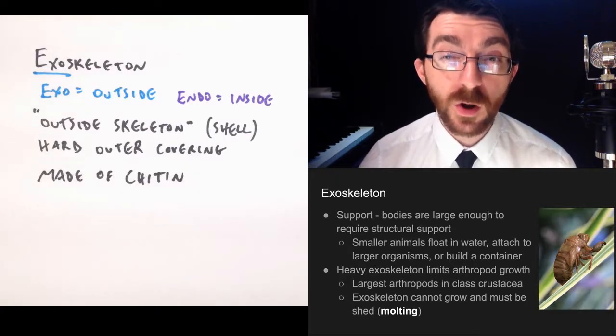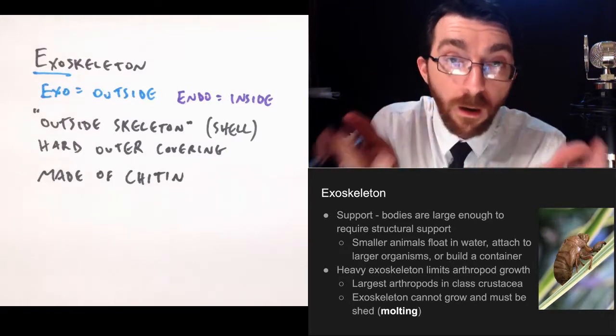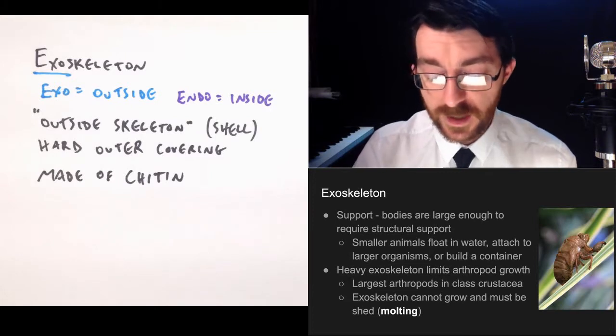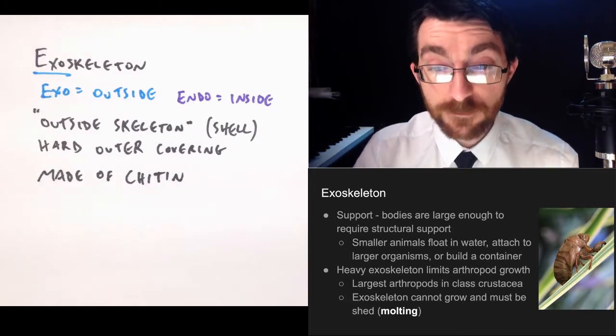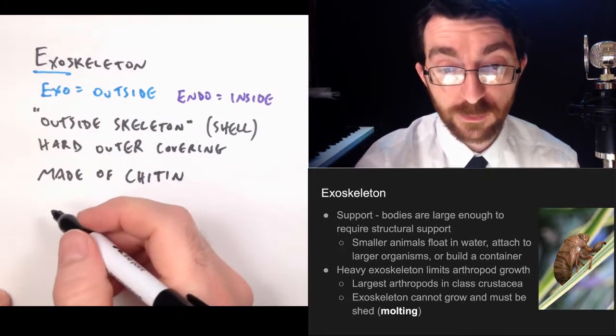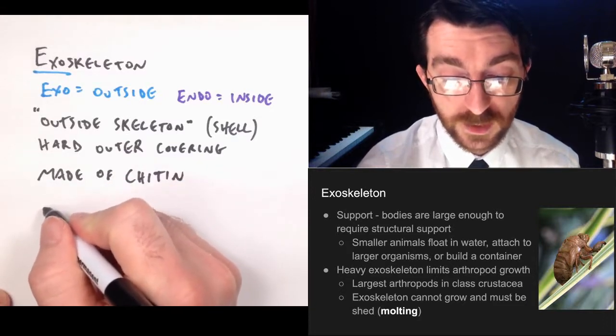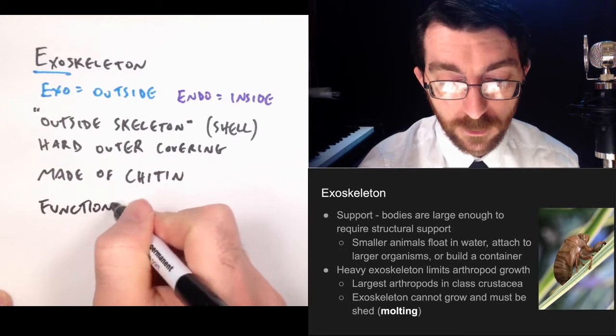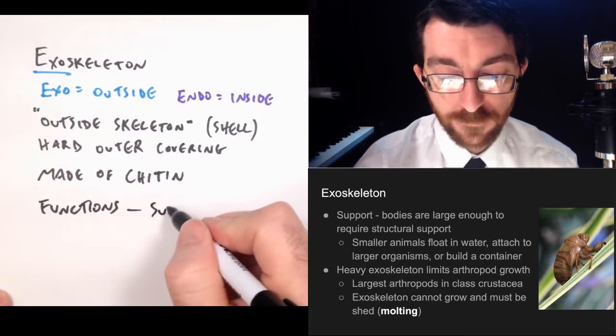But once you get large enough, then you actually need to have a shape. Otherwise, you're just kind of a blur and you'll die. So one of the things that an exoskeleton does is it gives the insect or arthropod, whatever it is, support. It functions for support.